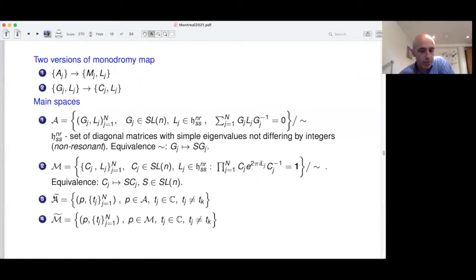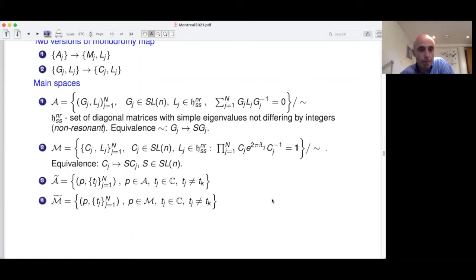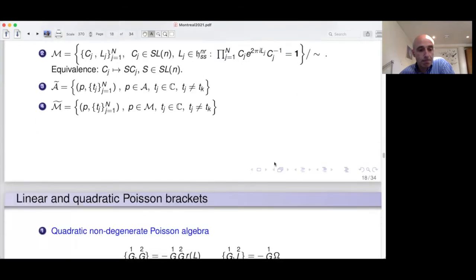And then this tilde means that we add the positions of singularities. So essentially, the monodromy map is from A tilde to M tilde, and the inverse monodromy map is from M tilde to A tilde. So in other words, we are working with the second version of the monodromy map here. And for some reason, it's more natural.